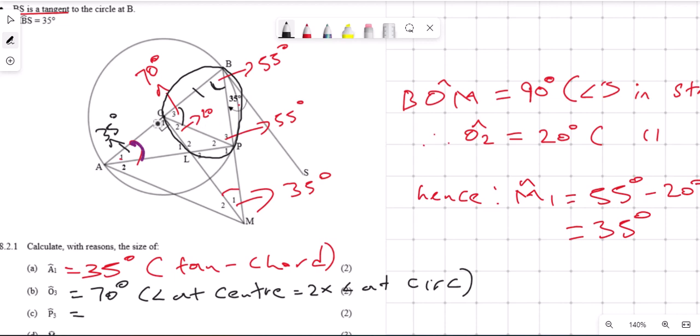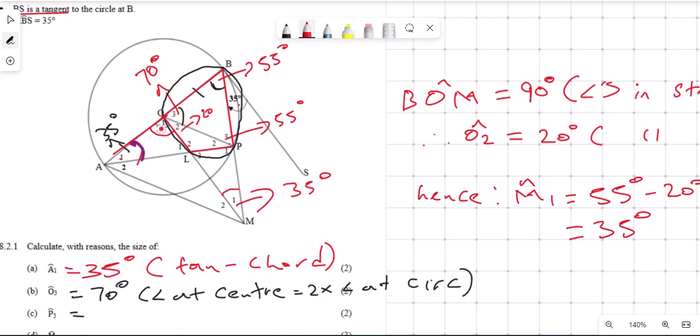Okay. Can we look at the shape that we are looking at now? This is our quadrilateral. Do you see that? Yes. So this one becomes our exterior angle of a cyclic quad, and this is opposite to this.